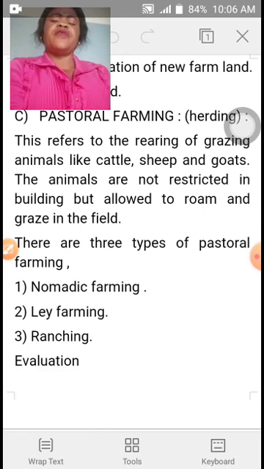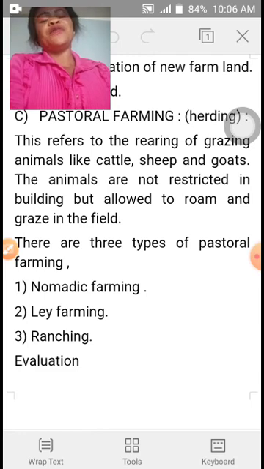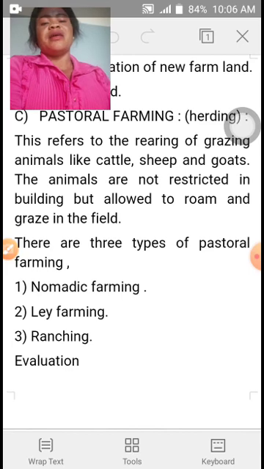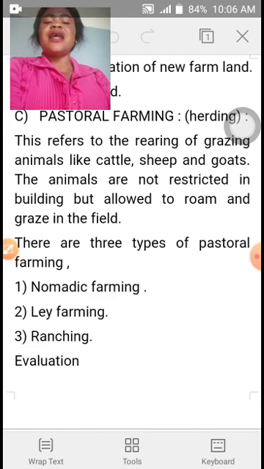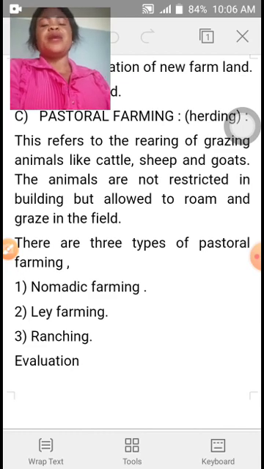We mentioned mixed farming, the combination of crops and animals on the same piece of land. And then we mentioned bush fallowing or shifting cultivation. And then the last one, pastoral farming, or pastoral herding. And then the types of pastoral farming: nomadic farming, lay farming, and ranching.